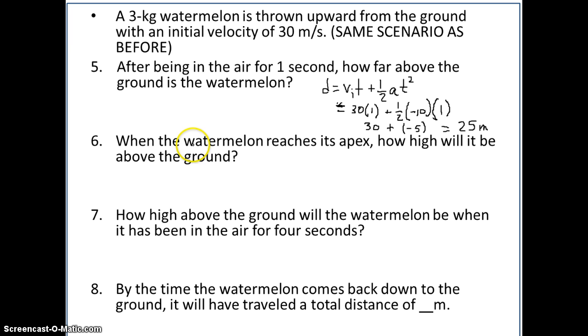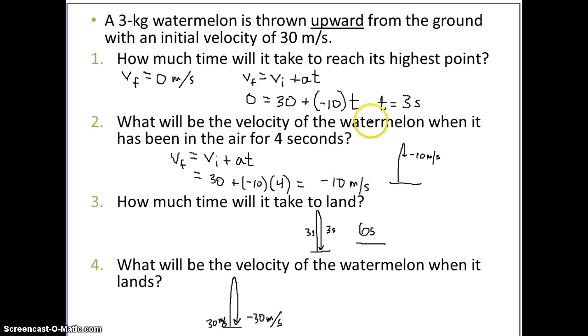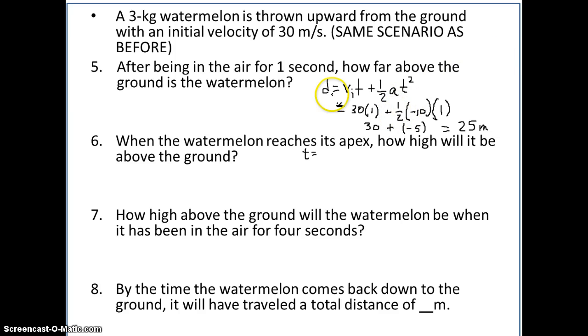And when it reaches the apex, how high will it be above the ground? We'll still use the same equation, but we already know from the last slide that when it reaches its highest point, the time is 3 seconds. So we can go ahead and put that in here too. T is 3 seconds. Distance equals VI times T plus 1/2 AT squared.